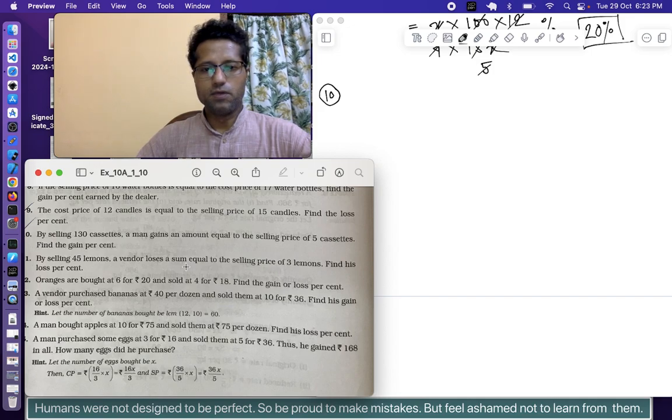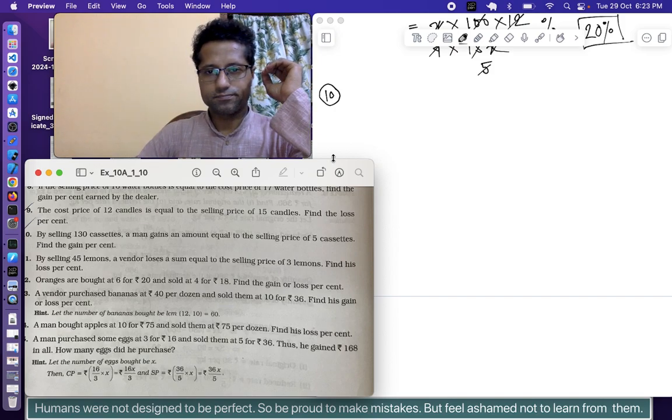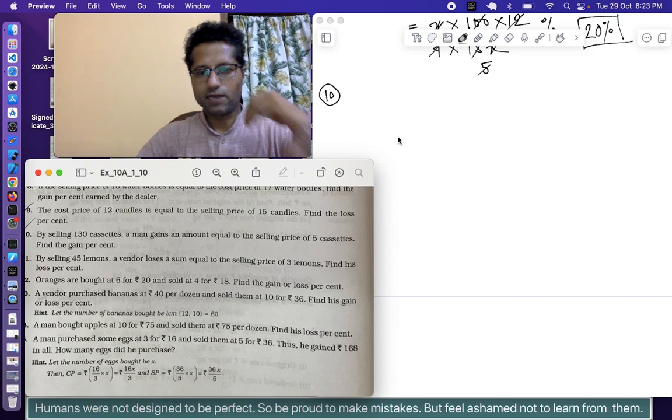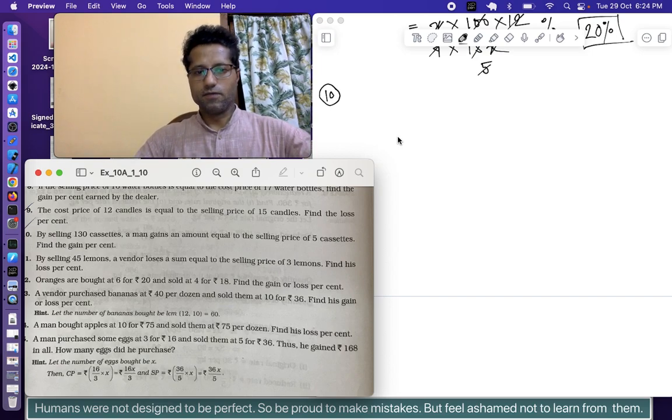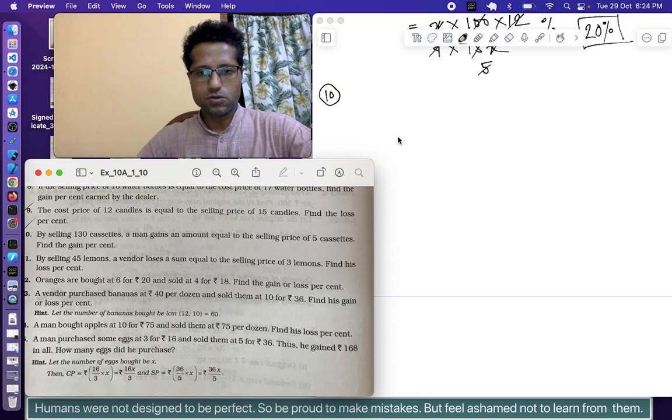What is given? The number of articles, that is the number of cassettes being sold, is given, which is 130, and the total gain is given to be the selling price of 5 cassettes.